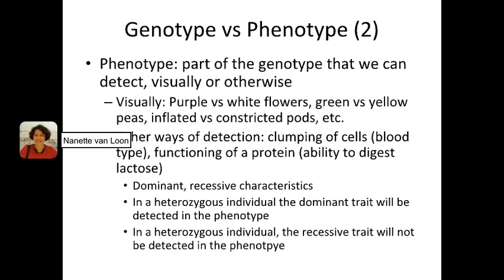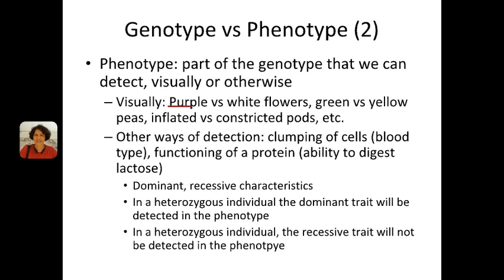The phenotype is defined as the part of the genotype that we can somehow detect, either by what we can see or what we can measure in some way. The one that is detectable visually is the most obvious and the easy one to determine.